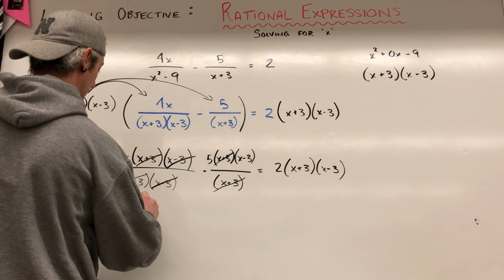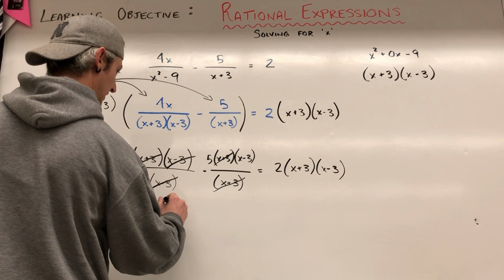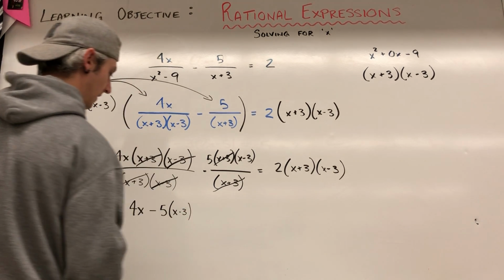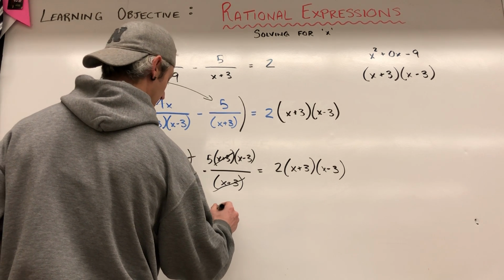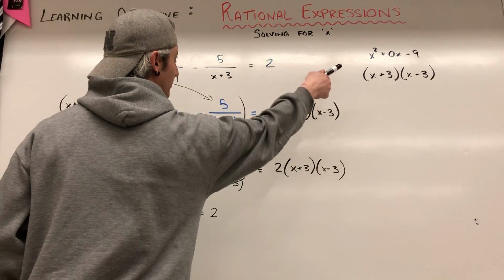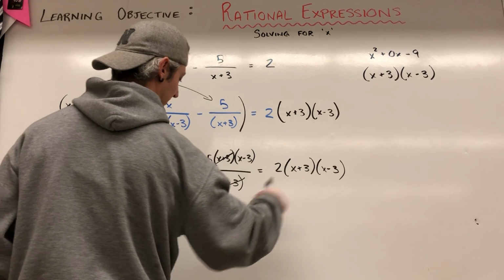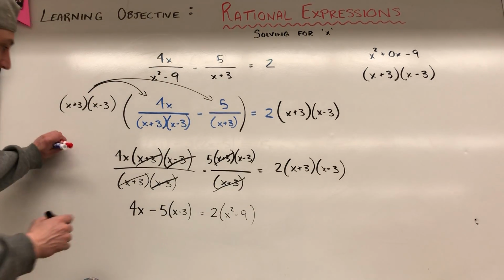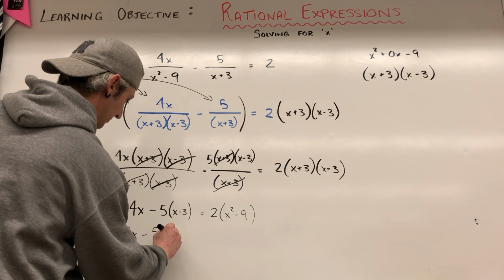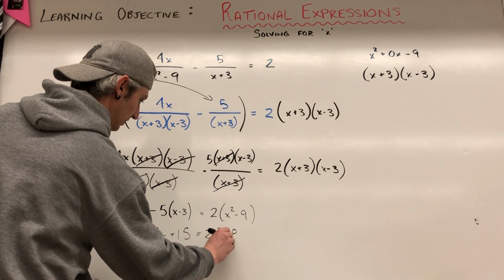I'm going to have 4x minus 5 times x minus 3 is equal to 2 times x plus 3 times x minus 3, which I know is x squared minus 9, times x squared minus 9. I'm just expanding this because I'm going to have to eventually anyways. And then I get here 4x minus 5x plus 15 is equal to 2x squared minus 18.